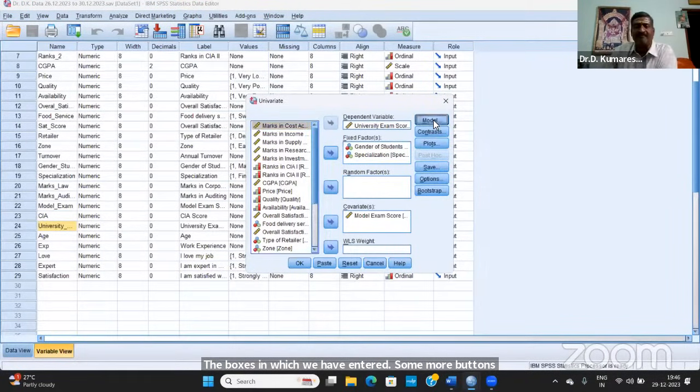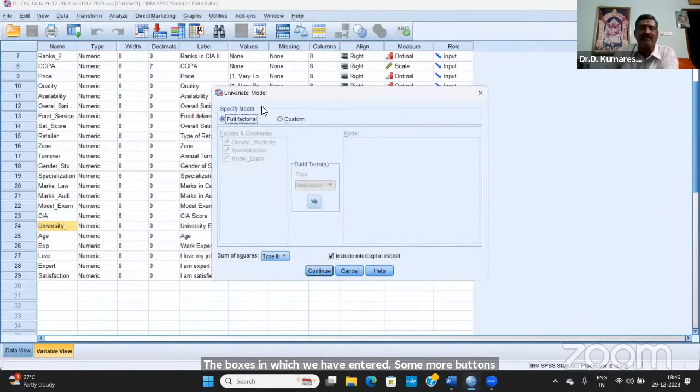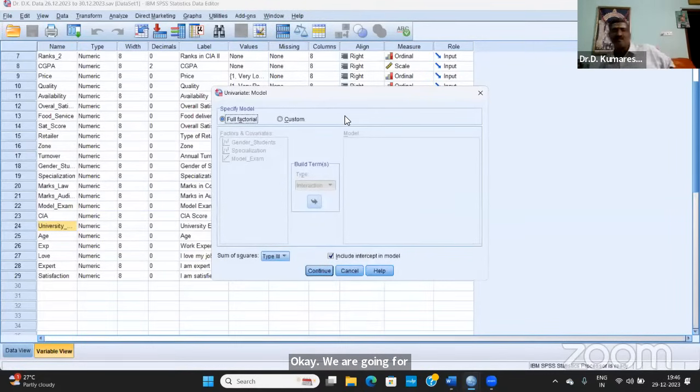First one, model. We have to specify the model: full factorial model or customized model. Generally, we are going for full factorial model. So it is given in default.